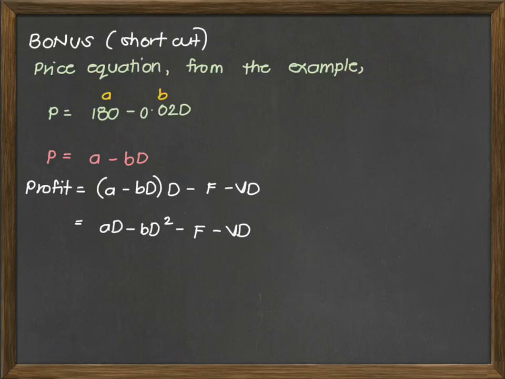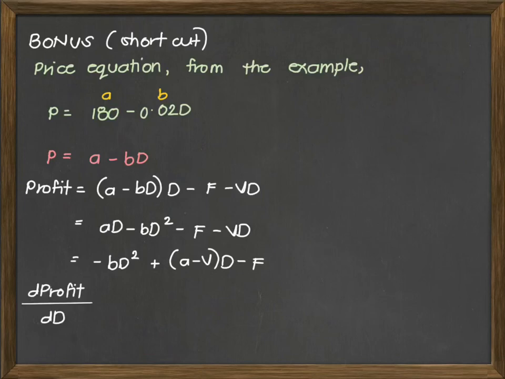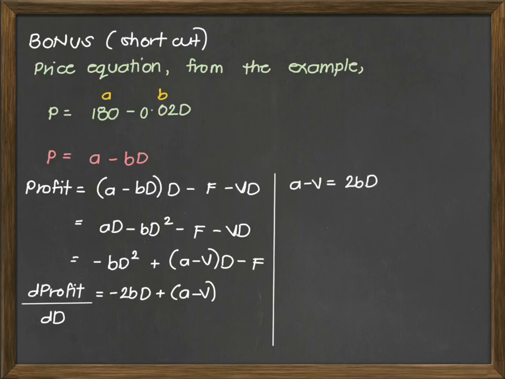So that will be AD minus BD squared minus F minus VD. Manipulating, that will be negative BD squared plus A minus V times D minus F. And then, getting the first derivative of the profit equation, that will give us negative 2BD plus A minus V. Now, A minus V is equal to 2BD.